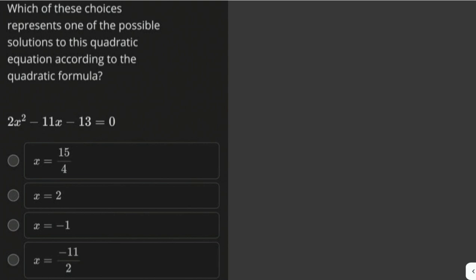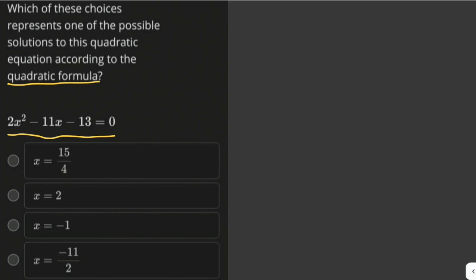Which of these choices represents one of the possible solutions to this quadratic equation according to the quadratic formula? So we're given this quadratic equation here, 2x squared minus 11x minus 13 equals 0. And we need to solve for the possible solutions using the quadratic formula.